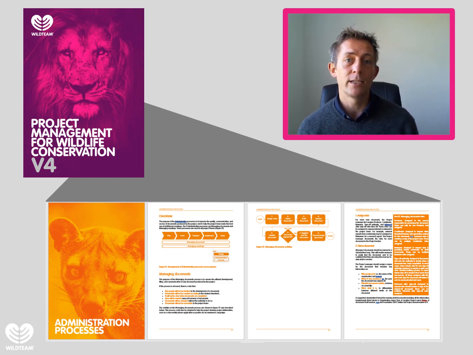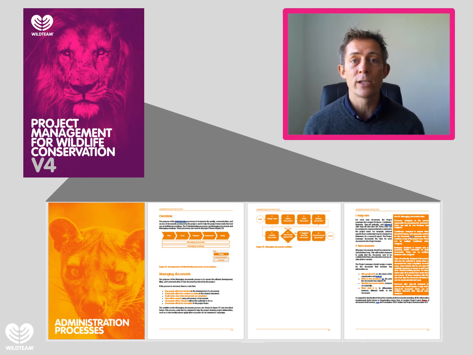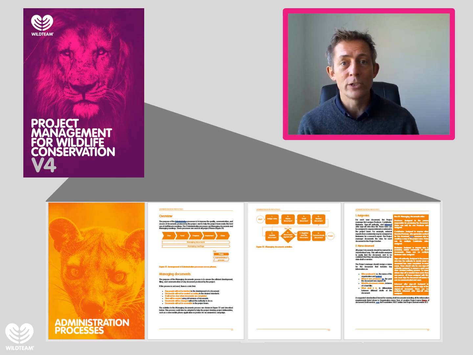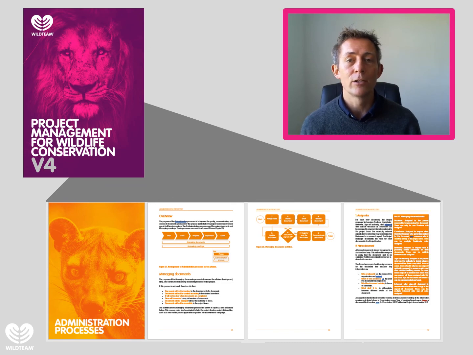So admin processes tell you how to create a document quickly, effectively, and of a high quality, by issuing roles to people about who's going to sign off on this, who's producing it, who's contributing to it, who's a reviewer, and so everyone knows their role in that, and no one's upset when someone makes a decision, say, well, I understand what you want to do with this document, but I've decided to do something else because I'm the sign-off authority. So it gives you a very clear pathway to creating good quality documents.